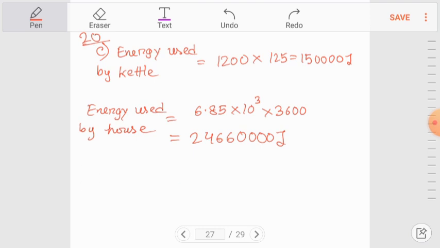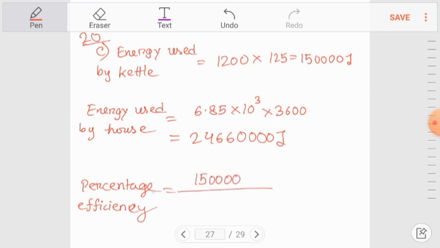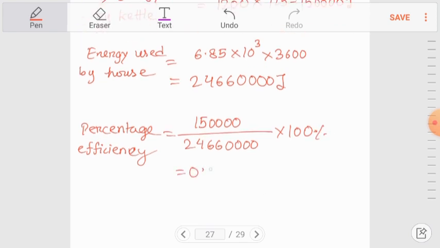And now we need to find the percentage. That will be the energy used by the kettle, that is 15000, over the energy used by the entire house, 24660000, into 100%, and you get a value of 0.61%.